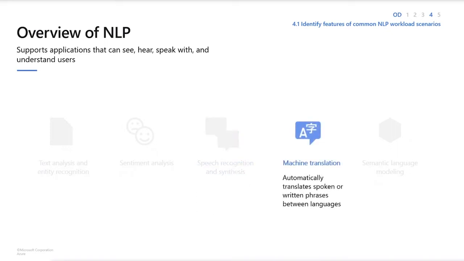With machine translation, this is something that you may have already seen used. This is where there is an automatic translation of spoken or written phrases between different languages. So, for example, you can add this to your inbox, or you might see it in some social media sites where it's automatically translating a message.